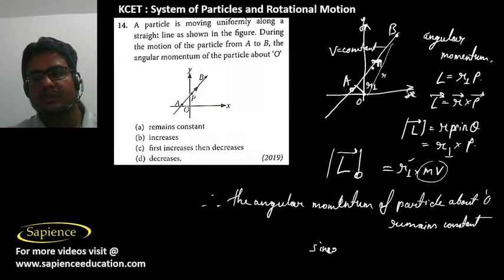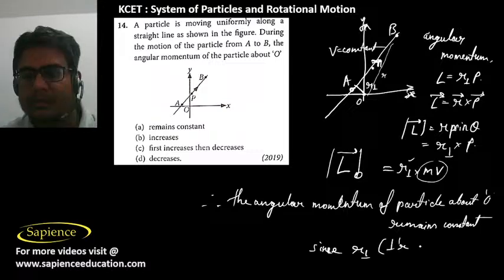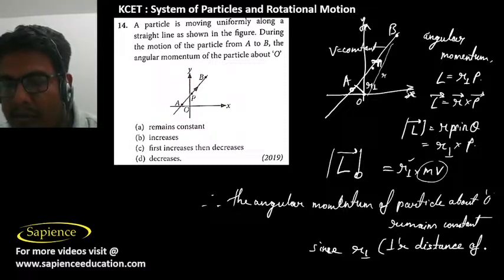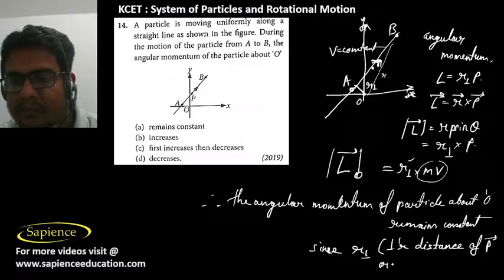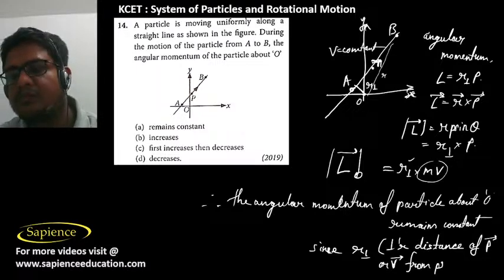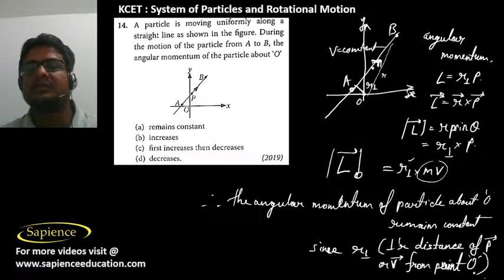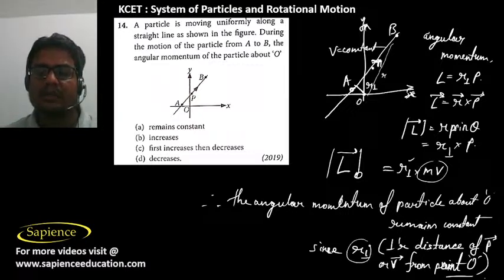Since R perpendicular is the perpendicular distance of the P vector, or you can say V vector, from the point O. So that remains constant. Therefore R perpendicular also will remain constant. So option A is the correct answer.